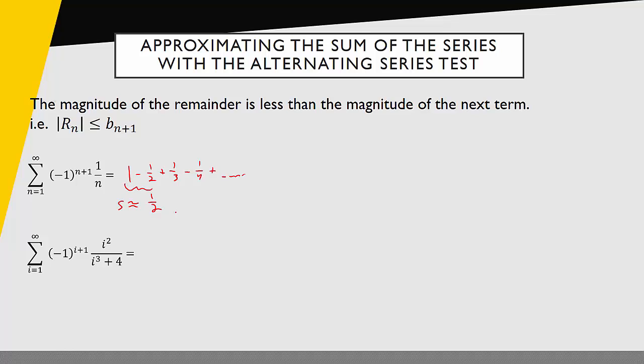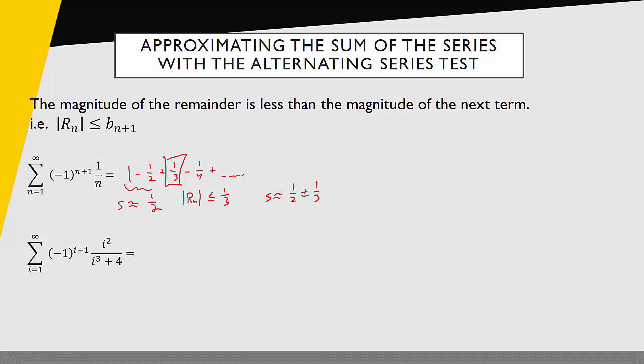But that's not the exact value of the series, and so there's some sort of error. And what we're saying here is that the error is that r sub n. In this case, that error is less than or equal to the value of the next term. So that's going to be 1/3 in this case. So the sum of the series is approximately 1/2 plus or minus 1/3. And so that will be more and more accurate the farther we go out in the series.